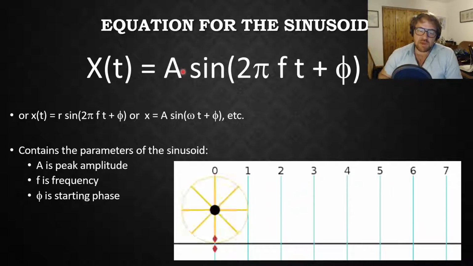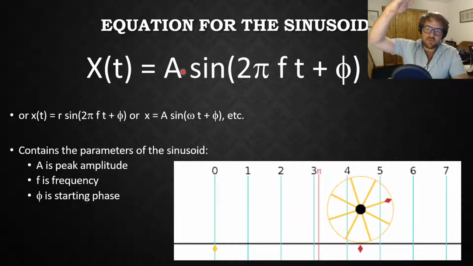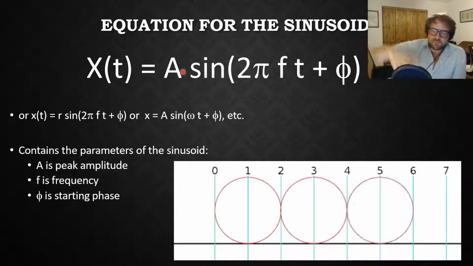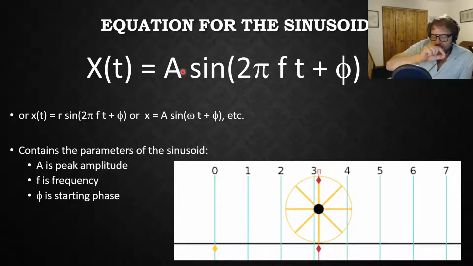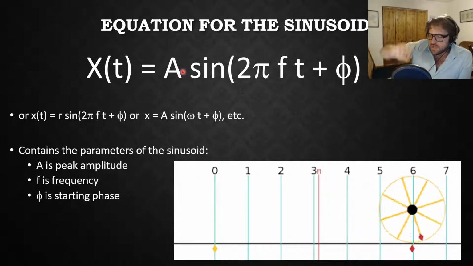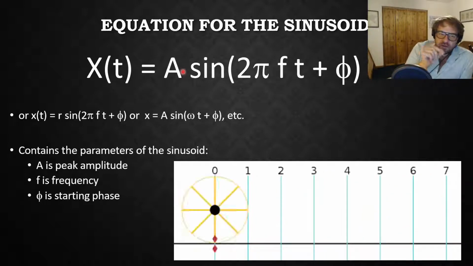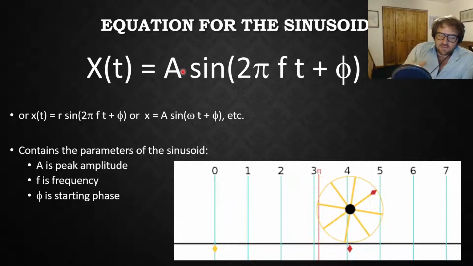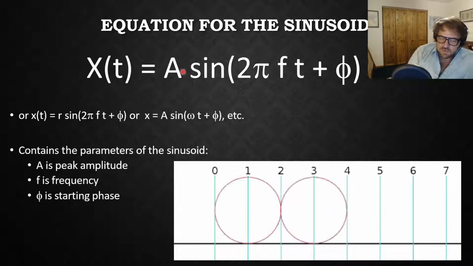Because the amplitude is just how loud the wave is, how tall the wave is, how stretched out it is from top to bottom. And so you figure out everything like the speed of how fast the wave is moving and where it's going to start, and then you can just adjust the height really easily. That's why the A is out front. Just multiply it by the amplitude, essentially.